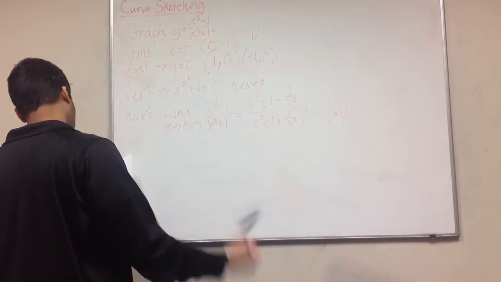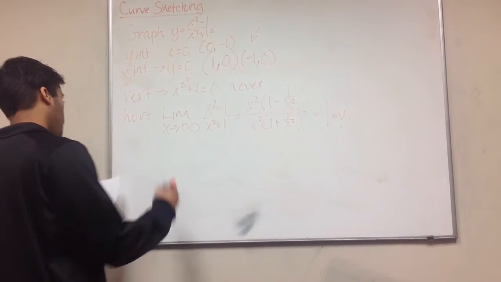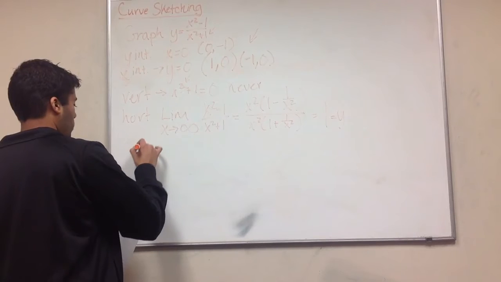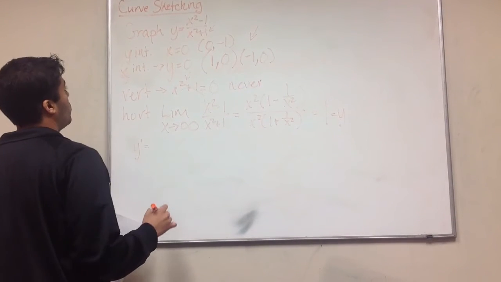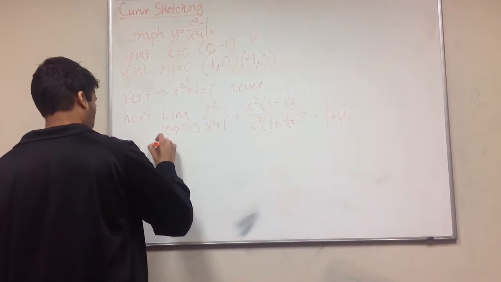Now we need to find the critical values for the graph so we can plot it. So what we have to do is find the first derivative. We're going to use the quotient rule.